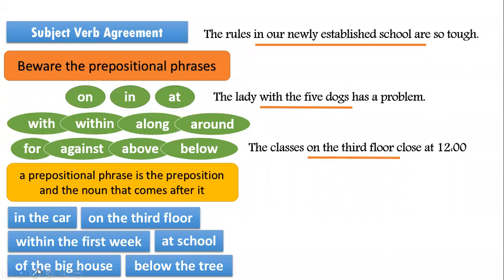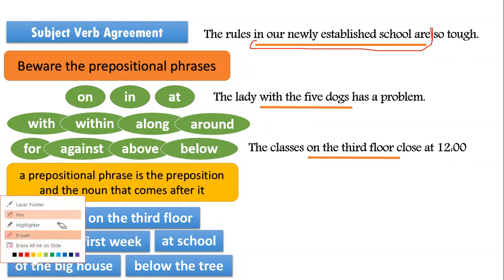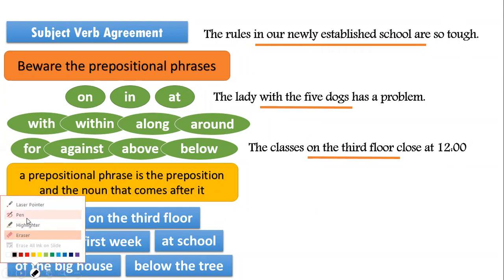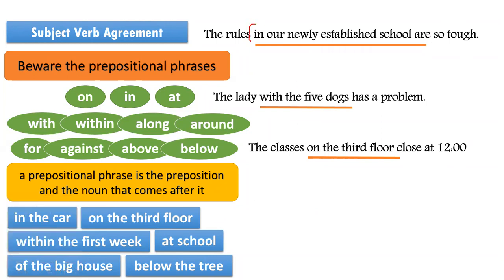Let's go back to what I want to tell you through these examples. Here is the prepositional phrase. Let me erase this. Again, here is the prepositional phrase as you all said. And here is the subject, and here is the verb.